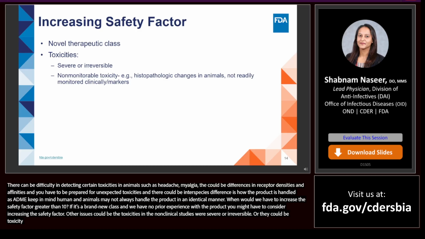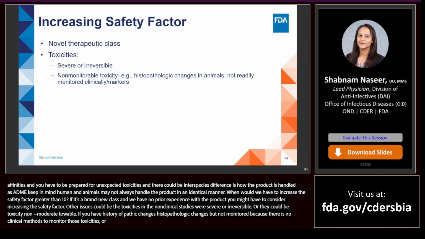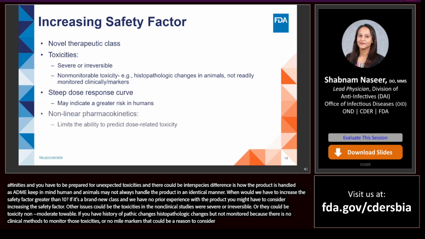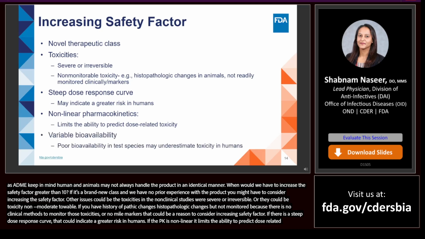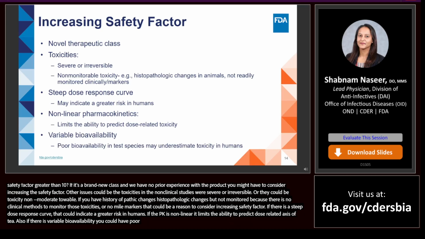For instance, if you have histopathologic changes, but they were not monitored because there's no clinical methods to monitor those toxicities, or there are no biomarkers, that could be a reason to consider increasing the safety factor. If there's a very steep dose response curve, that could indicate a greater risk in humans. If the PK is not linear, it limits the ability to predict dose-related toxicity. Also, if there's variable bioavailability, because you could have poor bioavailability in animals, and that may underestimate the toxicity when you move to humans.